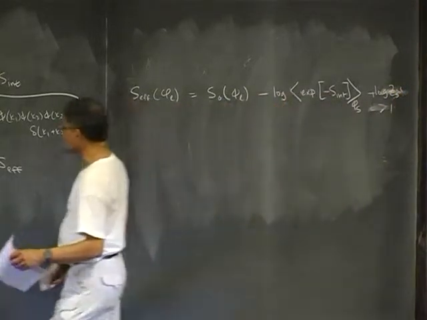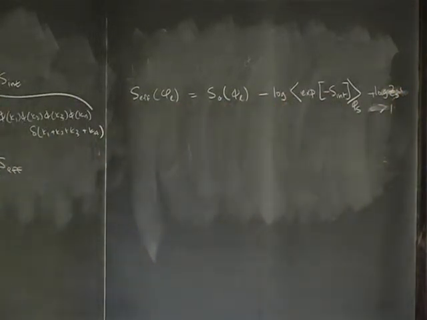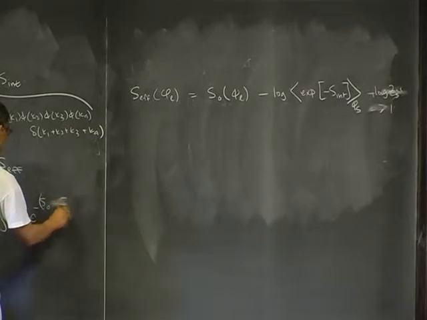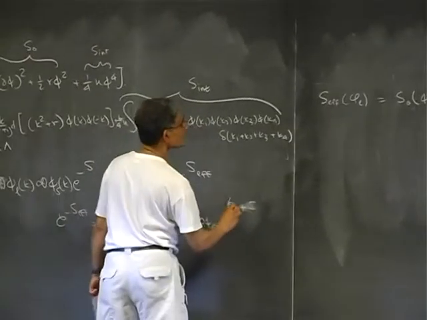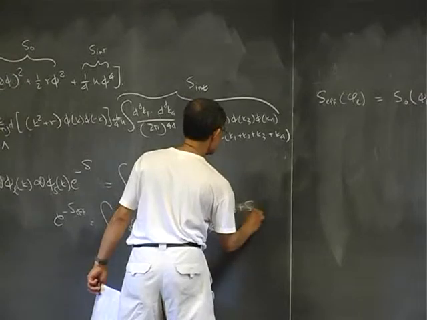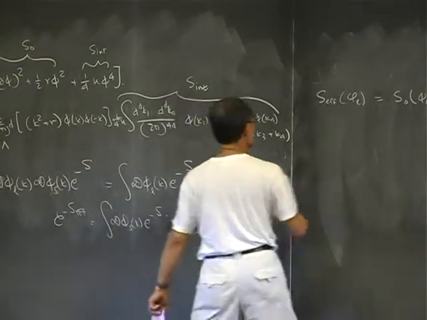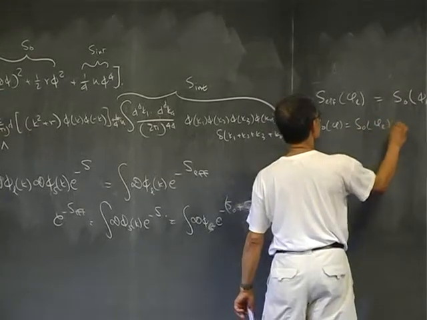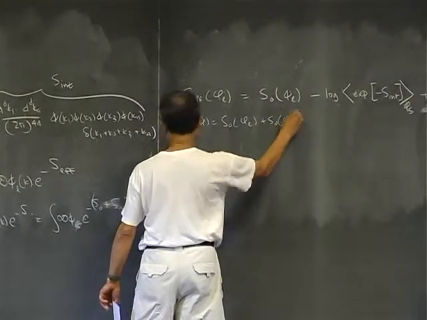What does this come from? It comes from taking the logarithm of this thing. So this thing I write as d phi s e to the minus S0 plus S interaction, but S0 of the whole field is S0 of phi L plus S0 of phi s.